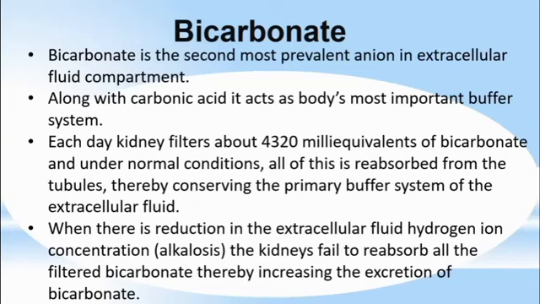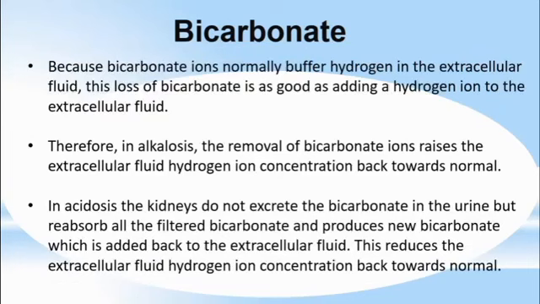When there is a reduction in the extracellular fluid hydrogen ion concentration, that is alkalosis, the kidneys fail to reabsorb all the filtered bicarbonate, thereby increasing the excretion of bicarbonate.